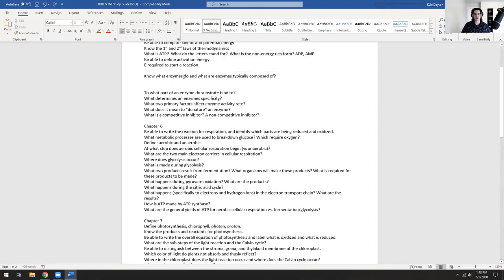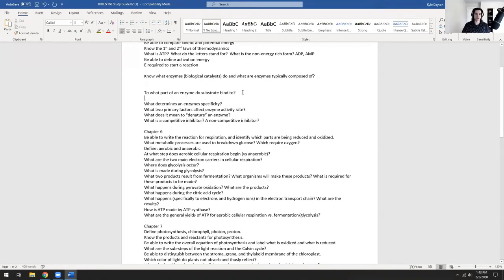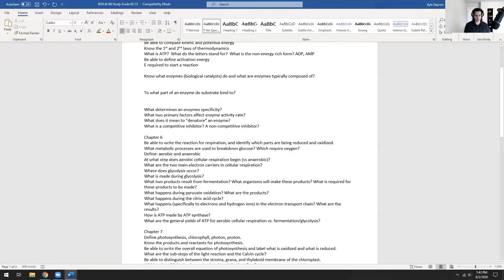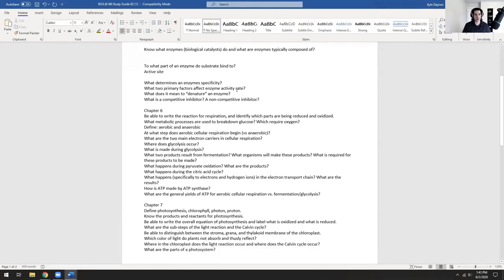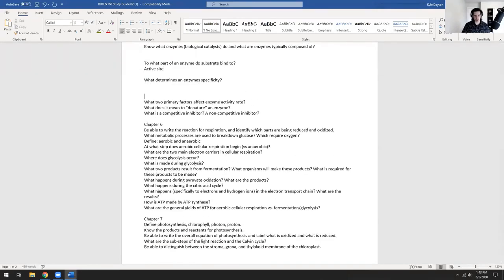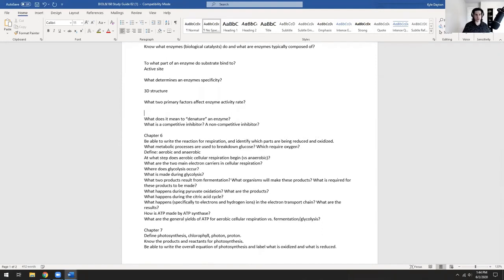And we know that enzymes are biological catalysts. What part of an enzyme do substrates bind to? Active site. What determines the enzyme specificity? 3D structure. Because remember, they're proteins. Proteins have three-dimensional structure, and that three-dimensional structure is what determines its specificity.